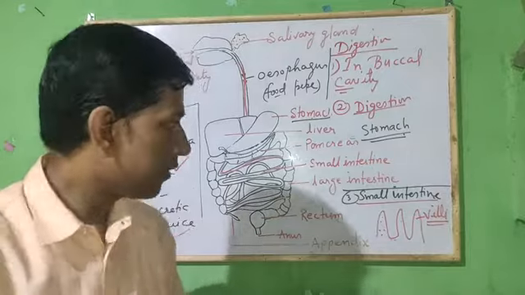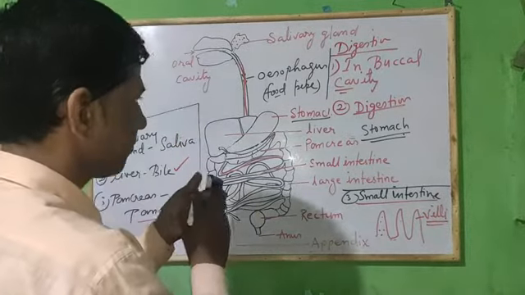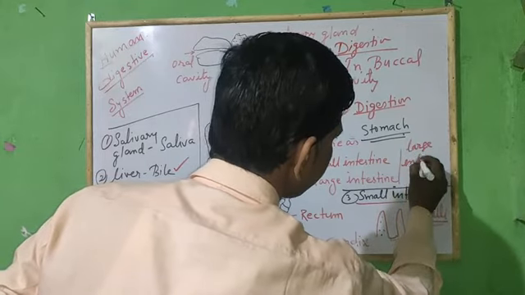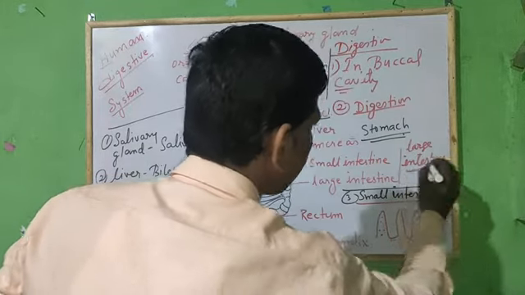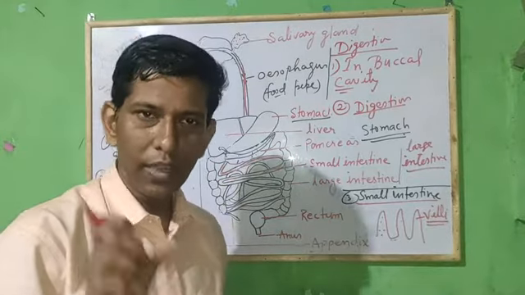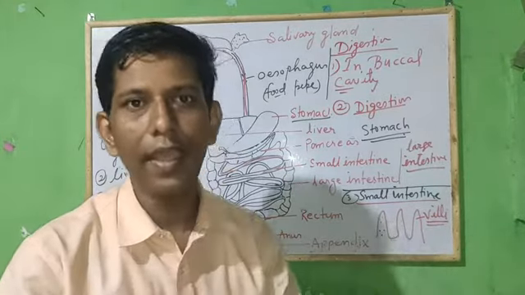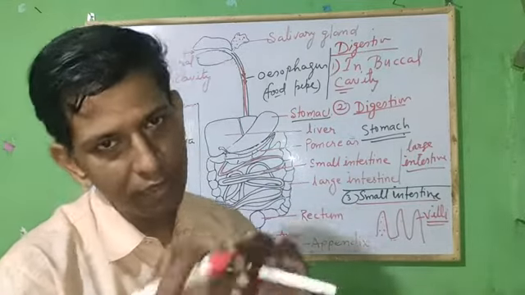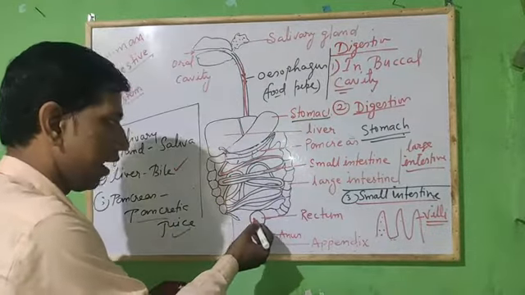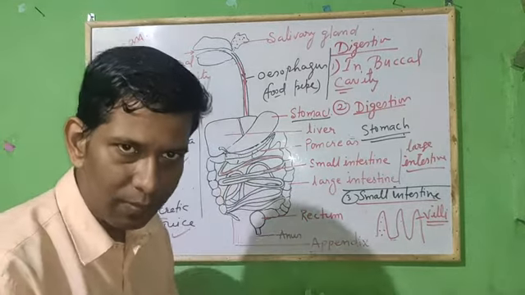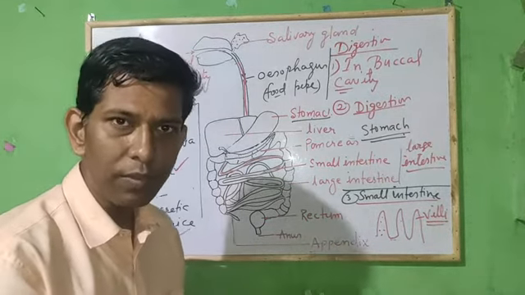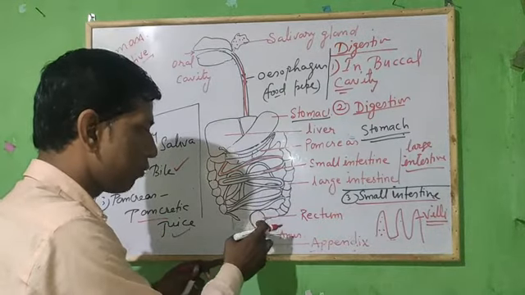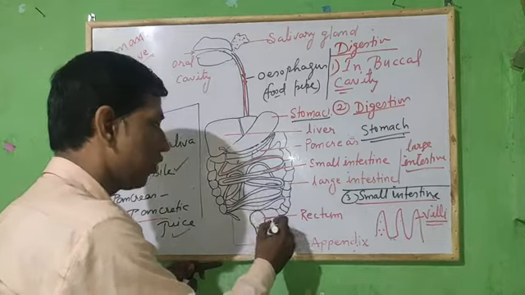Clear? Here in the large intestine, the maximum water and some salt are absorbed again, and then the solid waste is stored in the rectum. After absorption of water and some salt from the undigested food material, the solid waste is accumulated or stored in this portion, called the rectum.